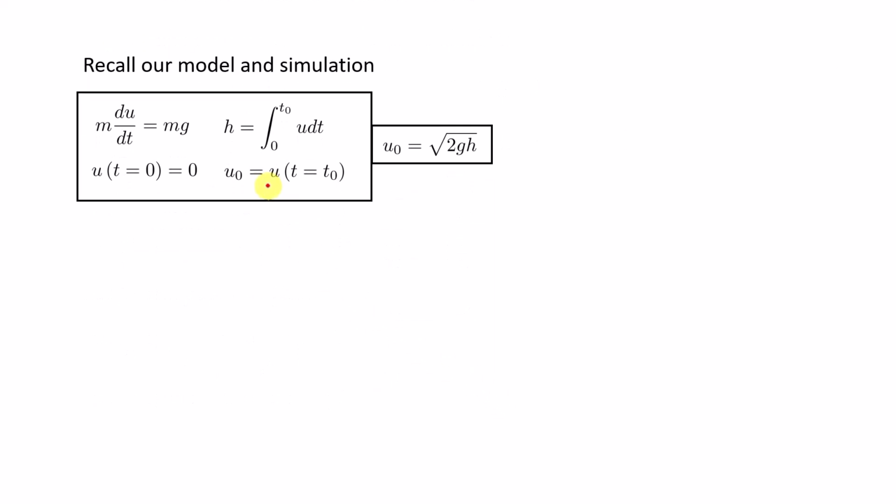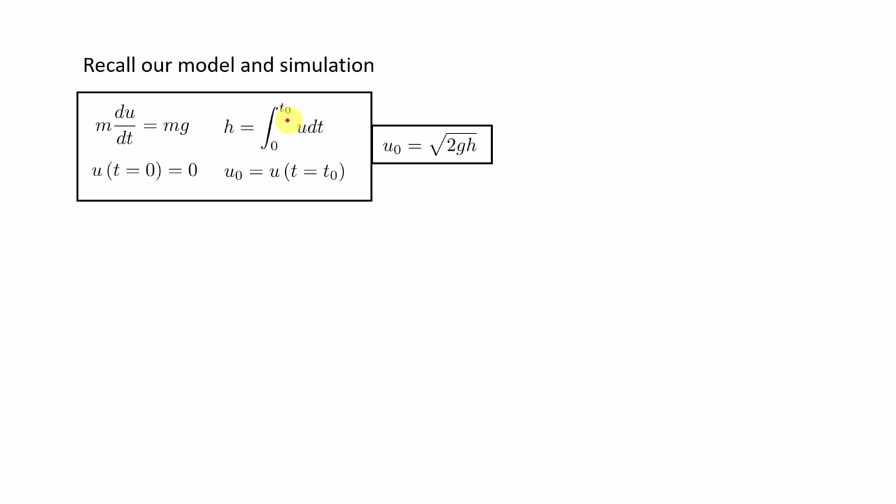So let us recall the model equations and the simulations. In the model equations we have one ordinary differential equation, m du/dt equals mg, with an initial condition of u at t equals 0 to be 0. That gives us the speed u, and then h is known, h equals the integral from 0 to t0 of u dt.